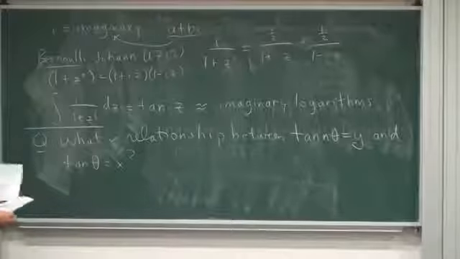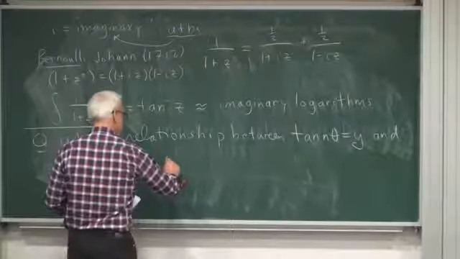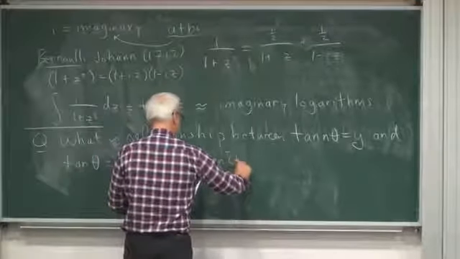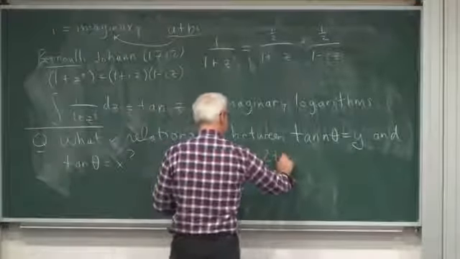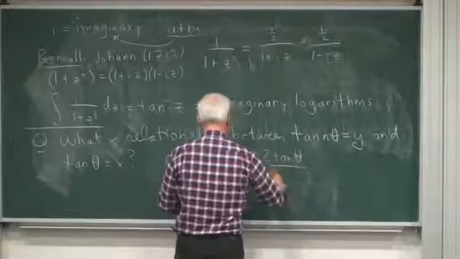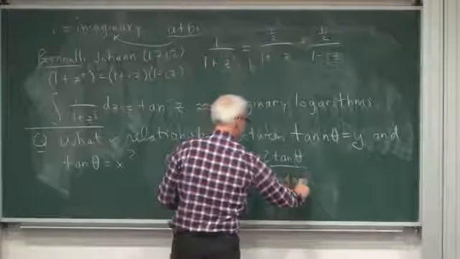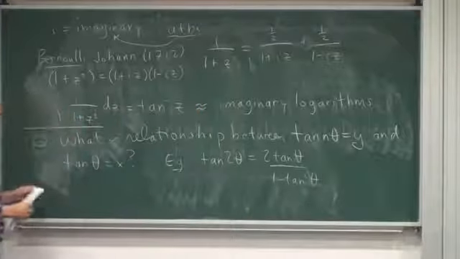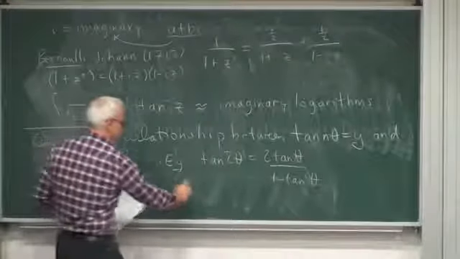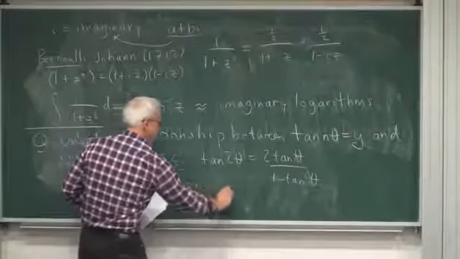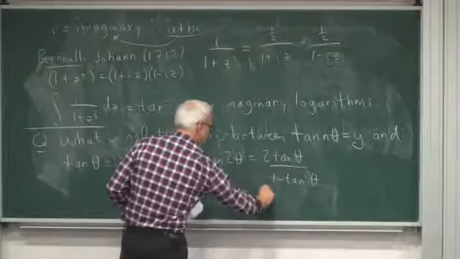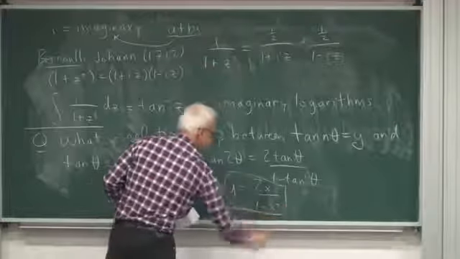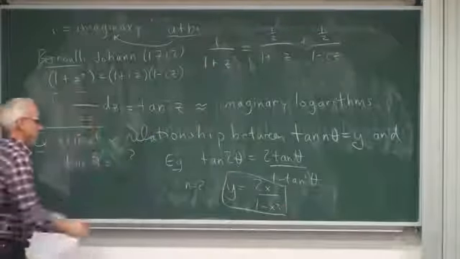A version of this that's probably familiar to you: for example, tan of 2 theta equals 2 tan theta over 1 minus tan squared theta. So that's the case when n equals 2. In that case y equals 2x over 1 minus x squared.